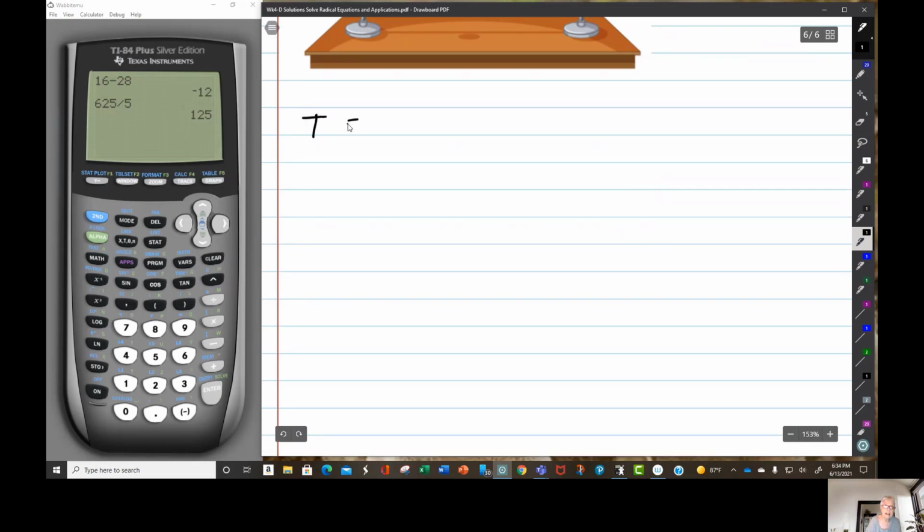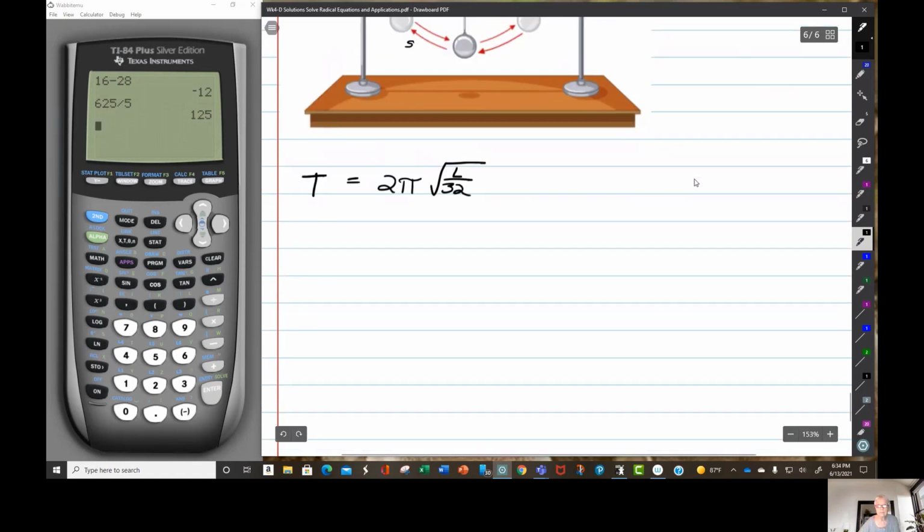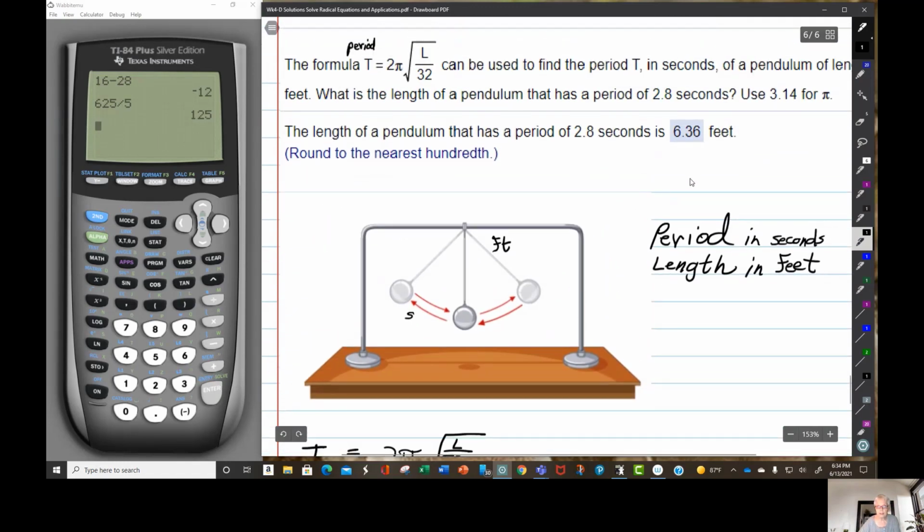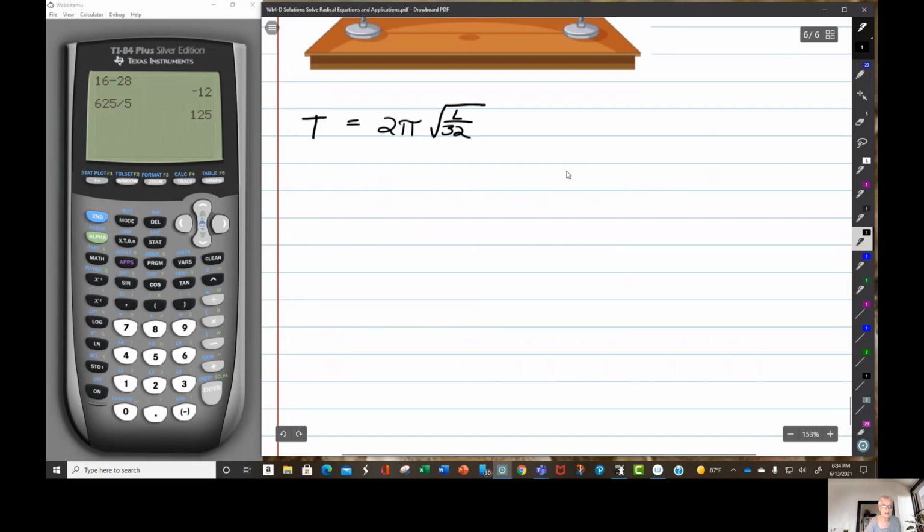Okay, we've got T equals 2 pi times the square root of L over 32. Now this is not as hard as it looks. Be calm. So T is going to be 2.8 equals 2 times 3.14 times the square root of L over 32.